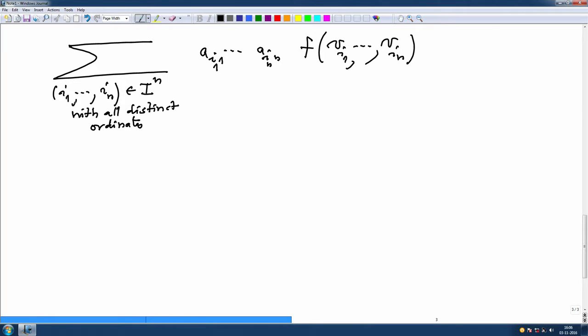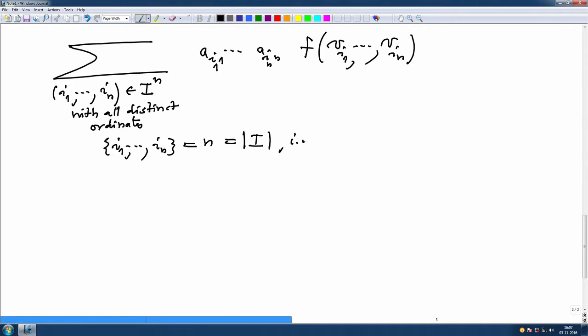So, repeated coordinate tuples we have removed. But remember, you can think of a tuple where all coordinates are distinct, then the cardinality of the set of these coordinates will be n, which is the cardinality of I. That means you can think of this as a permutation of 1 to n.